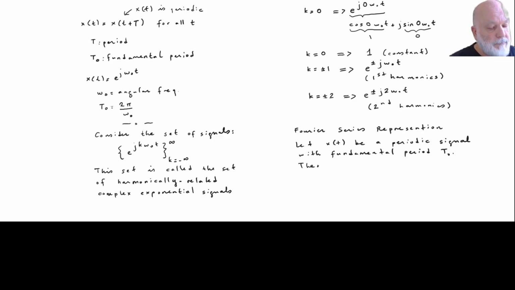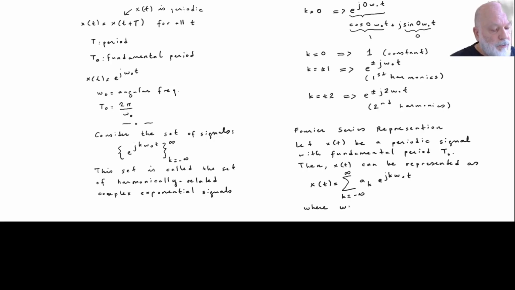Then x of t can be represented as x of t is equal to the series, k running from minus infinity to plus infinity, a k e to the j k omega 0 t, where omega 0 is related to the fundamental period of the signal x of t as follows.